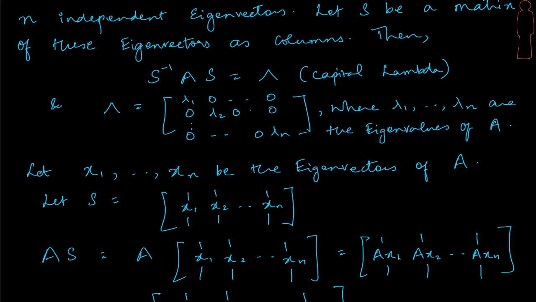What do we know about x1 to xn? They are all eigenvectors, and therefore Ax1 is the same as lambda 1 times x1. Similarly, Ax2 is another eigenvector, so we can call it lambda 2 x2, because we have taken lambda 1 to lambda n to be the eigenvalues of A.